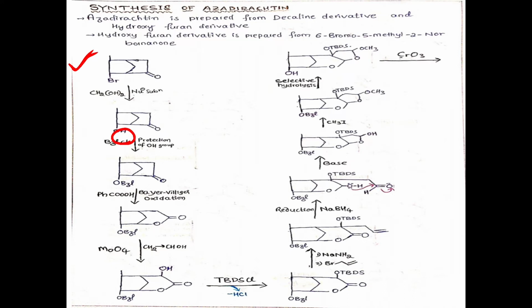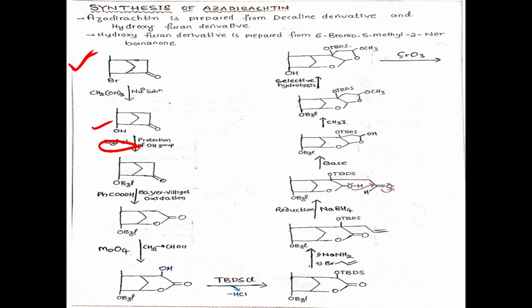This hydroxy group is a reactive functional group, so we must protect it to go for further reactions. To protect this hydroxy group, this compound is treated with benzoyl chloride.